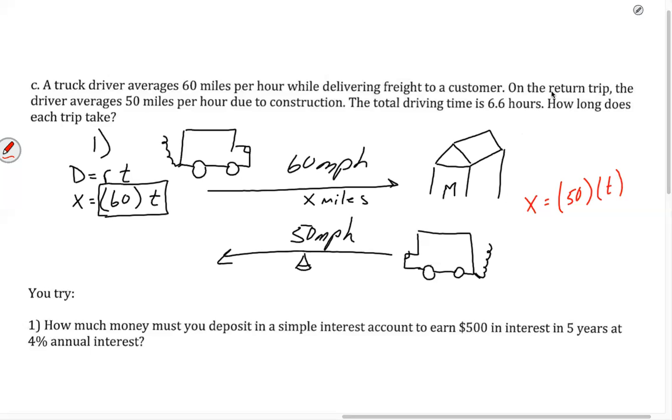That's why it's in red. We got that? Now, we know that the black t plus the red t is equal to 6.6, right?